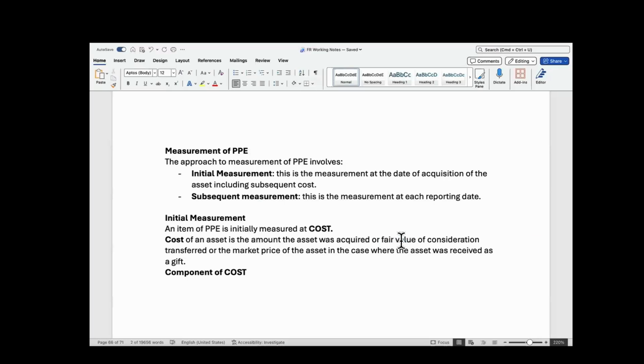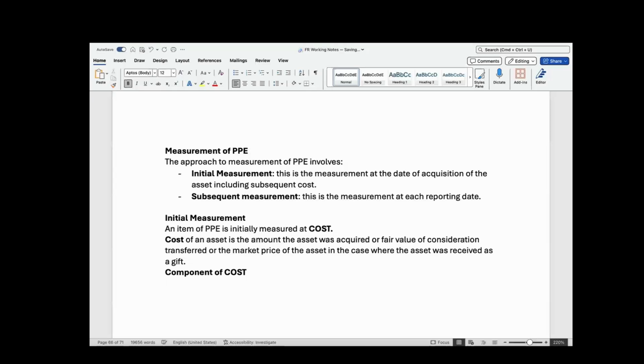So the fair value of consideration transferred can be the cost of this PP&E, or if they gift you, it is the market price of that item. That means you need to go to the marketplace to determine the market price. That can also qualify as the cost.